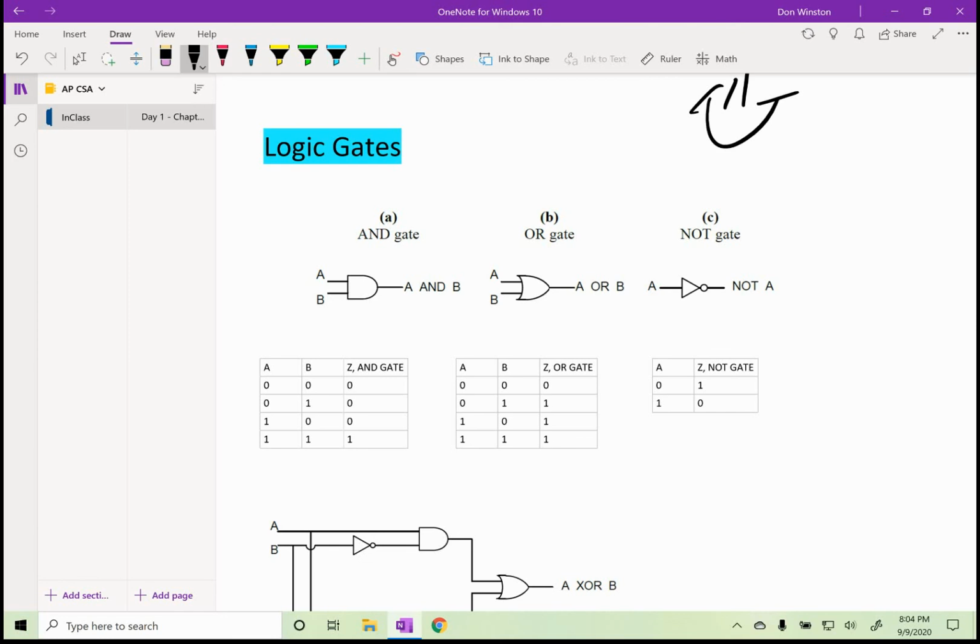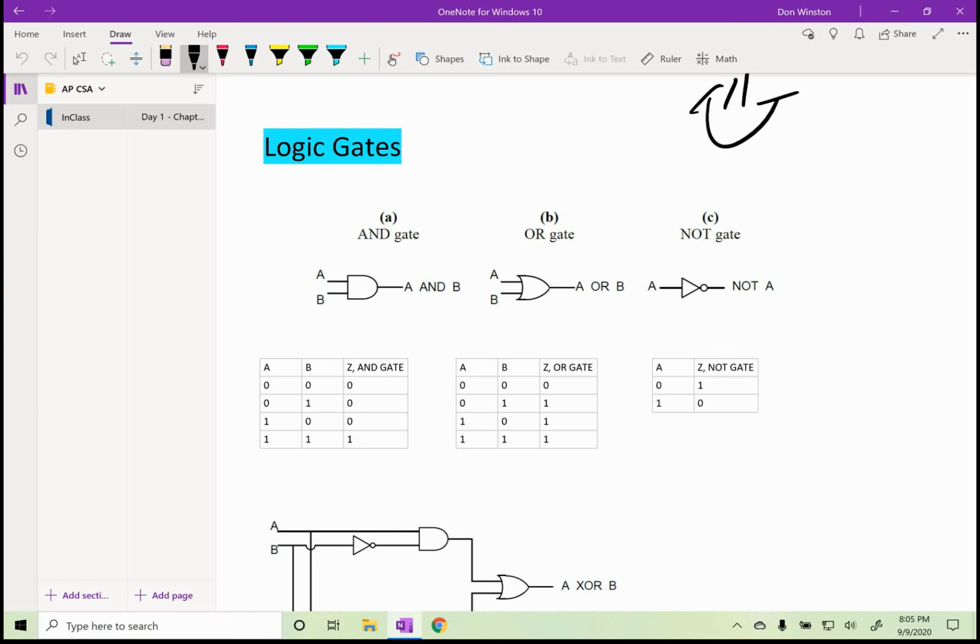So for an AND gate, 0, 0 gives you 0. If one of the inputs is on, 0, 1 or 1, 0, you still get a 0. In order to get a high, or a 1, both bits have to be on. 1, 1 gives you 1. So that's an AND gate.